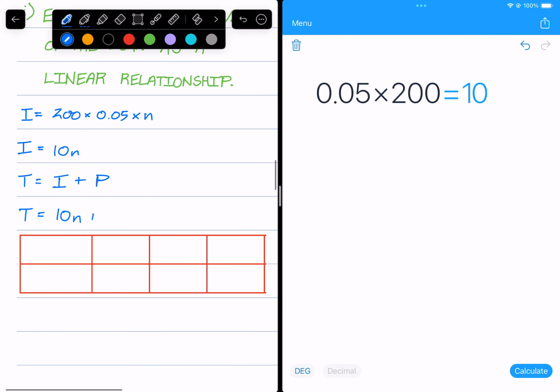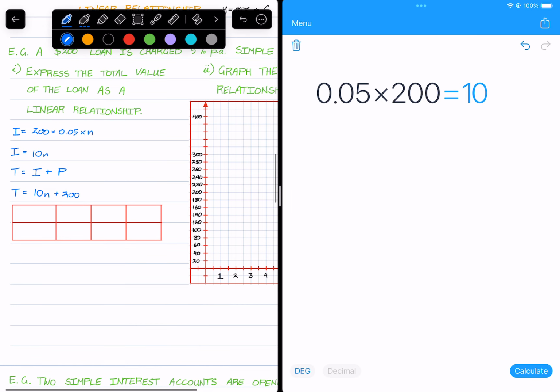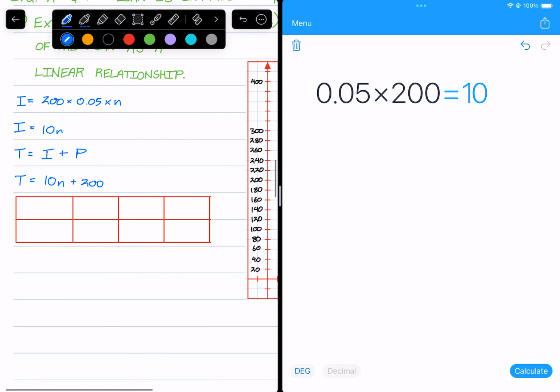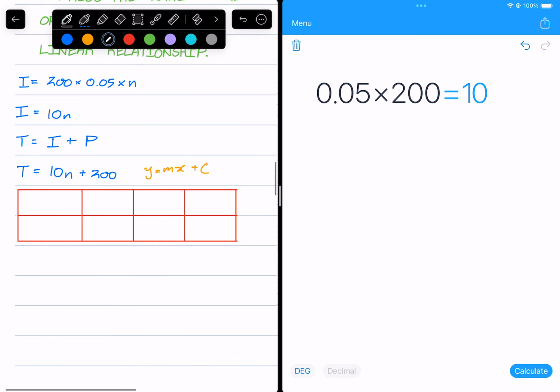So plus 200. Now that we have this, you can see that this actually looks like the linear relationship y equals mx plus c. m is 10, c is 200. Then from here, we can graph this linear relationship.